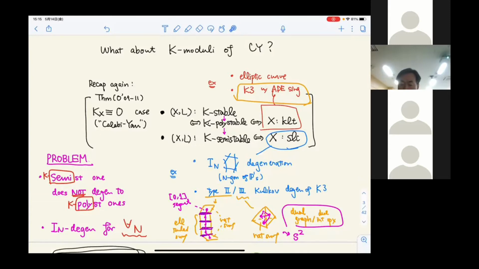So in the GIT setting, the semi-stable one always degenerates to a unique polystable one. So in the Fano case, this is true.